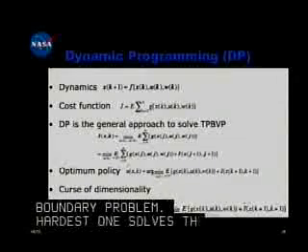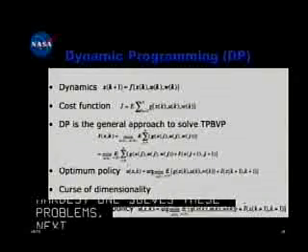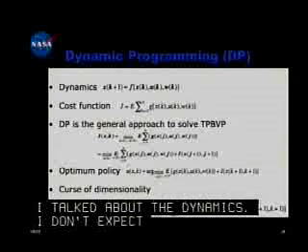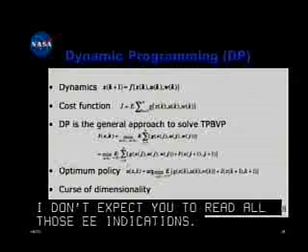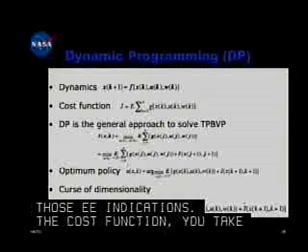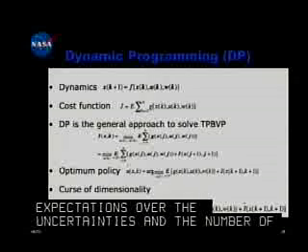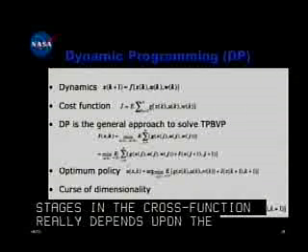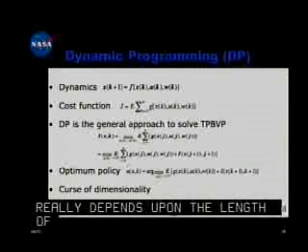So I talked about the dynamics. I don't expect you to read all those equations. The cost function, you take expectations over the uncertainties, and the number of stages in the cost function really depends upon the length of the planning interval and the size of the time interval itself.